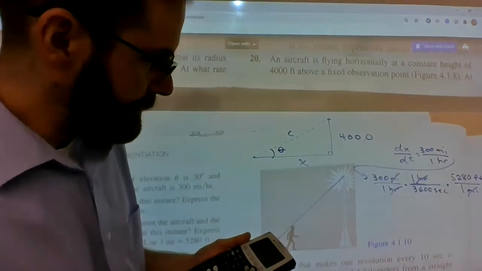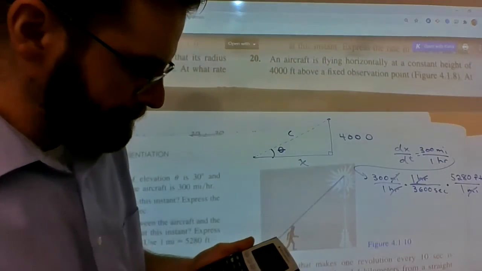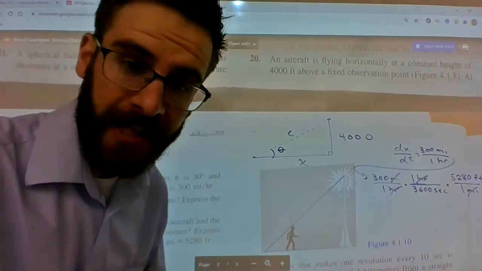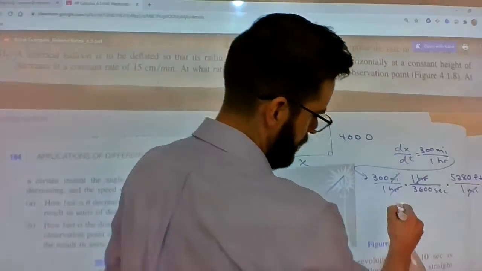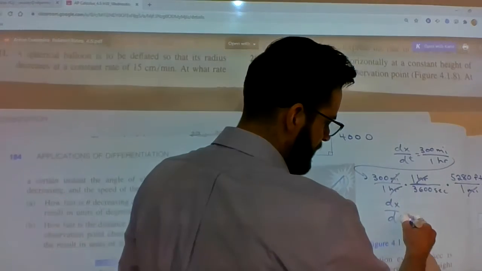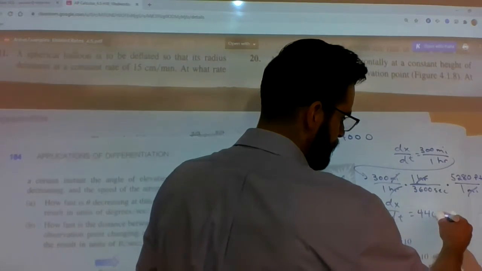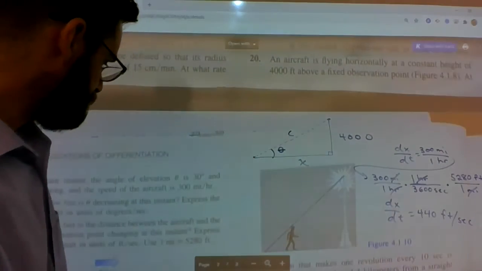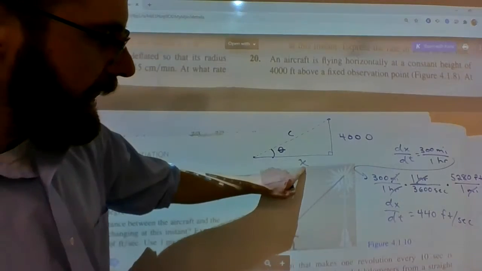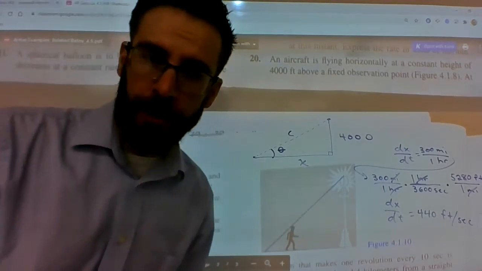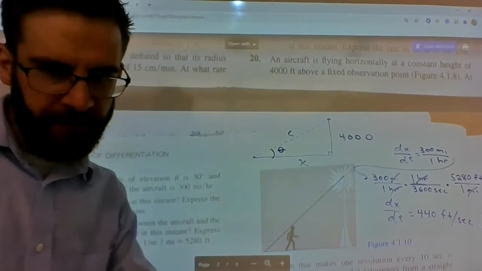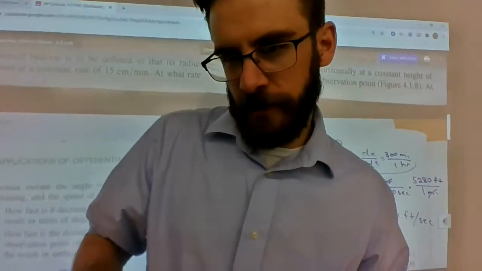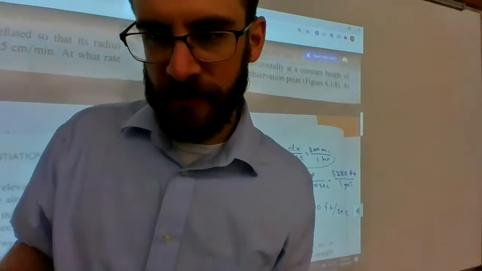So 300 times 5,280 divided by 3,600 comes out to be a nice, neat 440 feet per second. So dx dt is 440 feet per second. That's good to know. So now we need to create a primary equation. Do we have enough room over here? Probably not. Let's just go off to our surplus location.